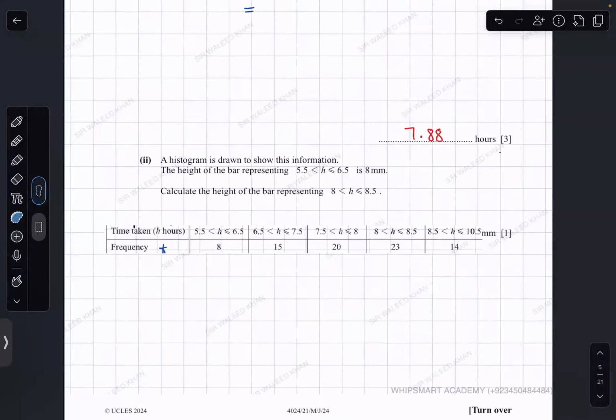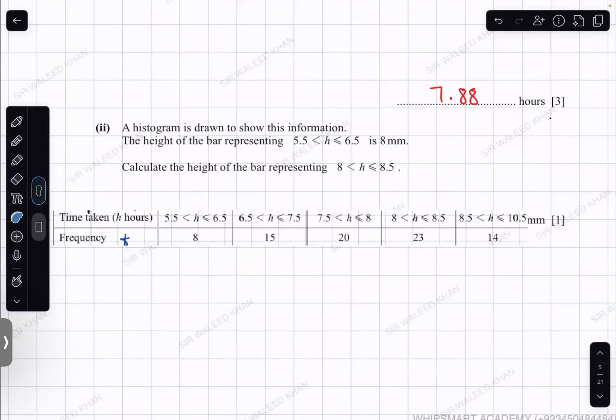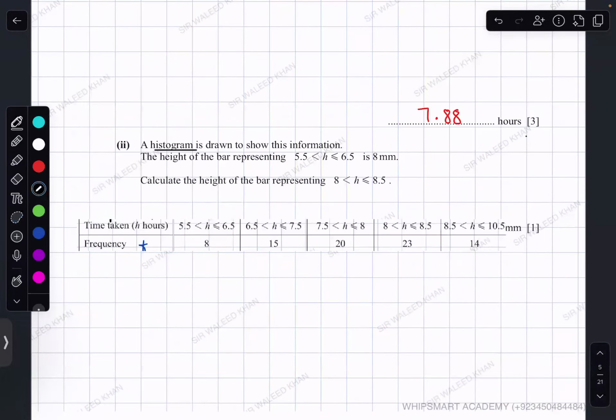Now I'll be making a row for class width because they have mentioned a histogram and we are dealing with the range values. So class width is upper limit minus lower limit. So 6.5 minus 5.5, 1. Then again 1. Then 0.5. And then 0.5. And then 2.